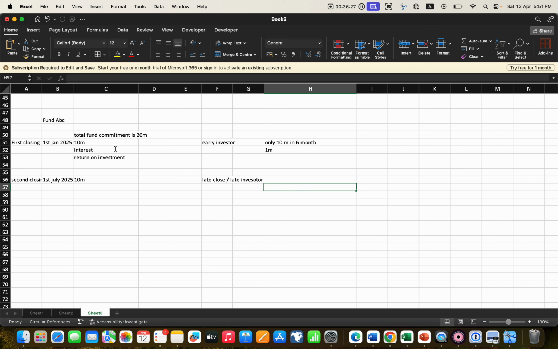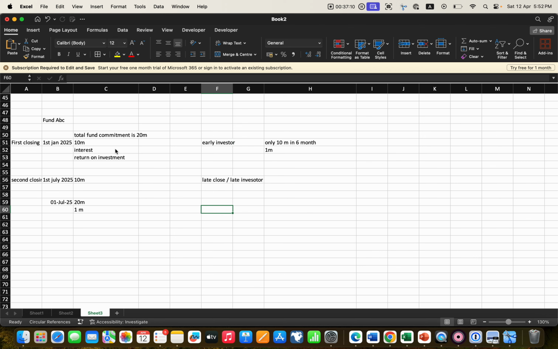So the total fund valuation after 1st July 2025 came to 20 million, and 1 million they have gained as a return. Distributing this 1 million to both investors is not possible, because one joined late, but the early joiner has the full right to the 1 million.